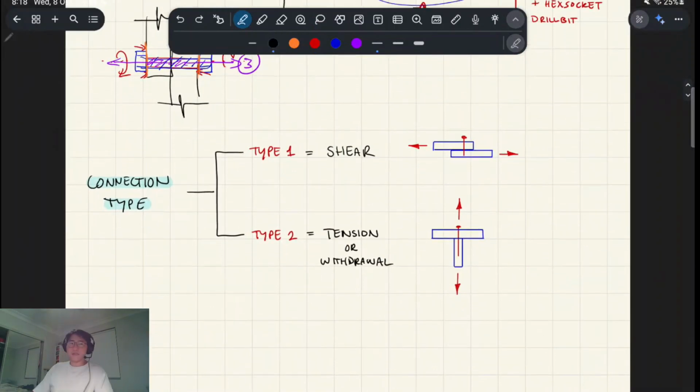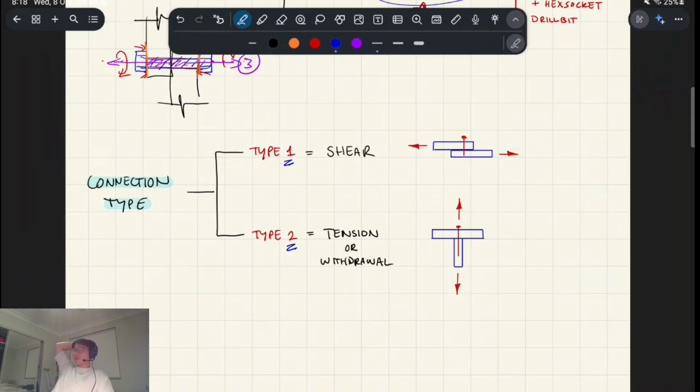As I mentioned briefly a second ago, there are different connection types. Type 1 is shear connections, and type 2 is tension, sometimes called withdrawal, connections. This is also a stupid thing about the timber code, in my opinion. There's actually no physical meaning behind why shear is assigned as type 1 and tension as type 2.